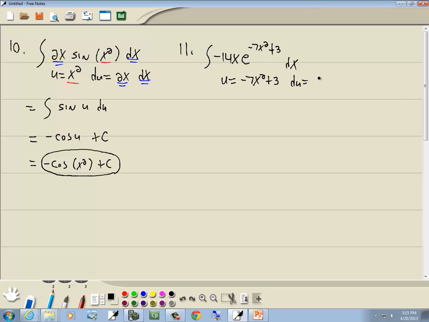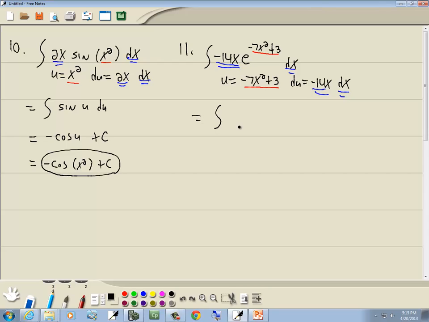Take the derivative of that. Derivative of negative 7x squared is negative 14x. And then we have to tack on our dx. So this negative 7x squared plus 3 matches with this. The negative 14x, dx, dx. So everything matches.